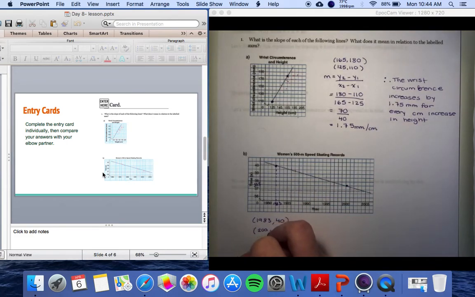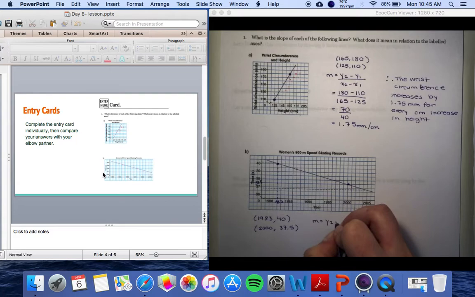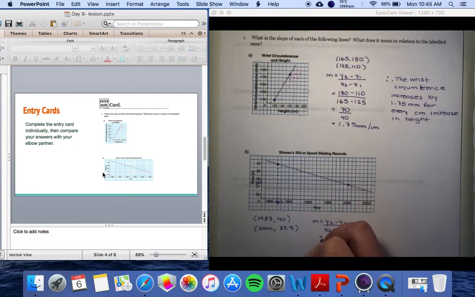So 2037.5. Sorry, I just need to grab my calculator. Okay, so again, we're going to use our slope formula. So m equals y2 minus y1 over x2 minus x1.